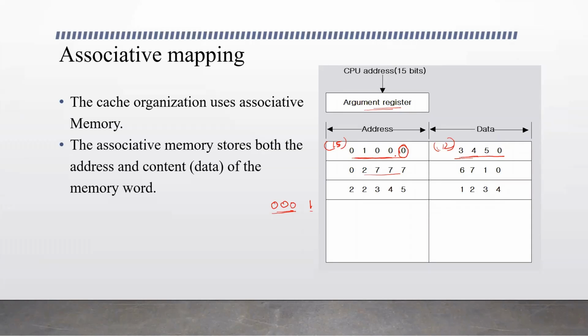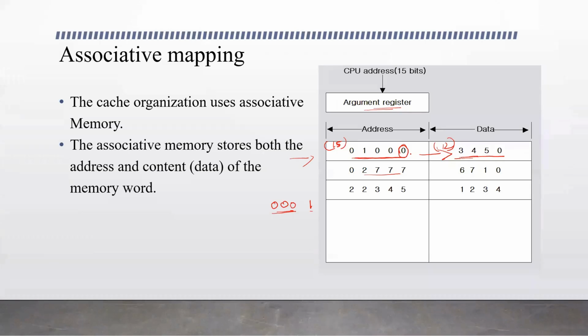When the address matches the address placed by the CPU in the argument register, the corresponding data is accessed for execution. Even though we are using the address, it is a part of the content of the cache memory.